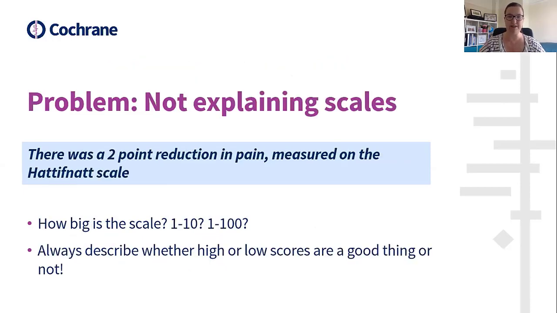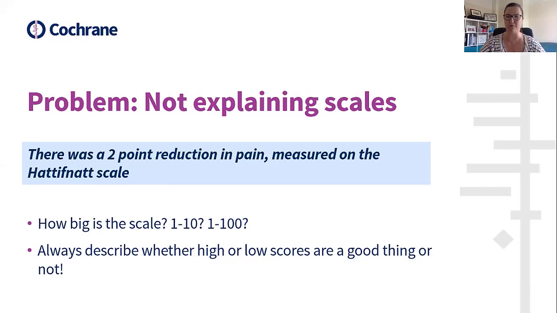Another problem we see frequently is when people don't explain the scales that they're using to report the results. So we have here a statement: there's a 2-point reduction in pain measured on the Hatifnit scale. But I have no idea what the scale is. I've never heard of it before. So I don't know whether this is a scale that goes from 1 point to 10 points, in which case, yeah, a 2-point reduction is a big result.